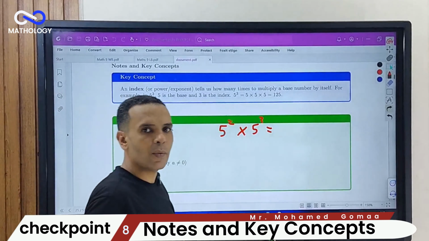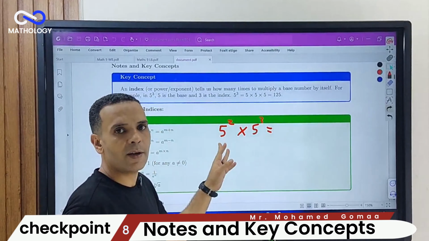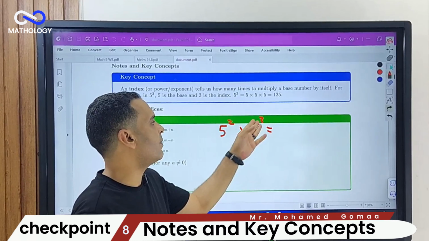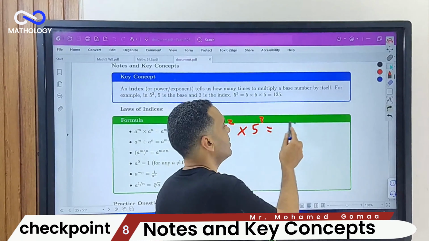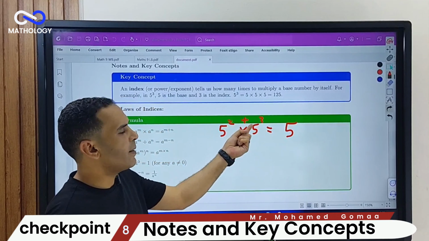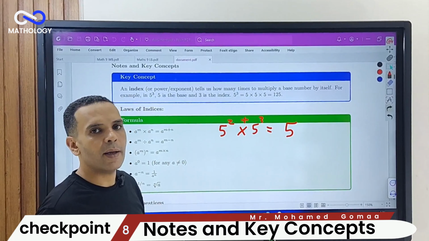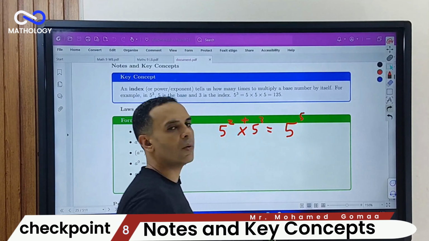Keep the same base when you multiply like bases. Here we have the same base, 5. Keep the same base and add the powers. When multiplying like bases, add their powers. 2 plus 3 equals 5.